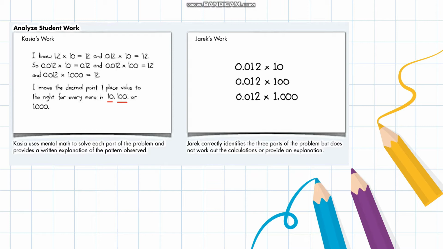And 1000, three zeros, so three movements going to the right from the decimal. For Jarek's work, Jarek correctly identifies the three parts of the problem, but does not work out the calculations or provide an explanation. So Isha's work is complete.